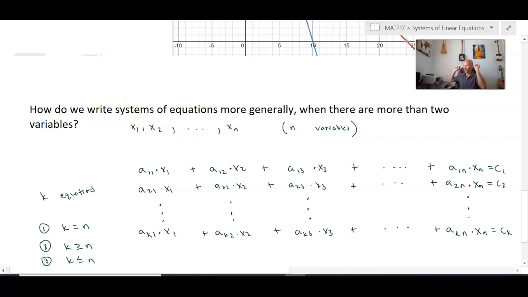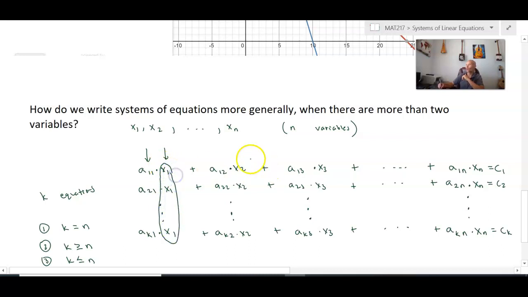Now, it just looks like there's a lot of uncertainty in this, and there is, right? Because this is going to encompass every single possible situation we could have by just writing this in this general form. But the idea is we have consistency. Notice we have all the coefficients of x1, and then x1 is this entire column right here.